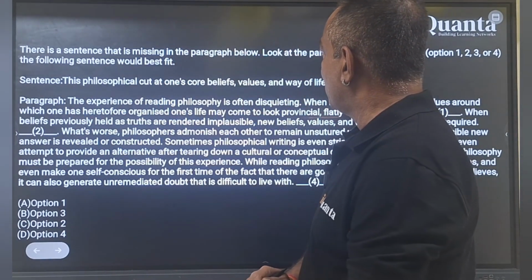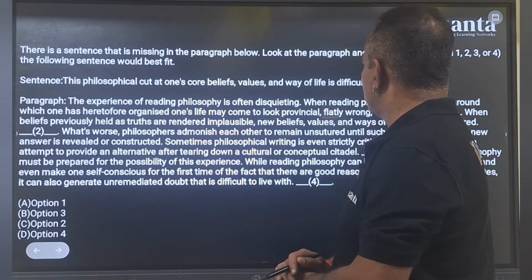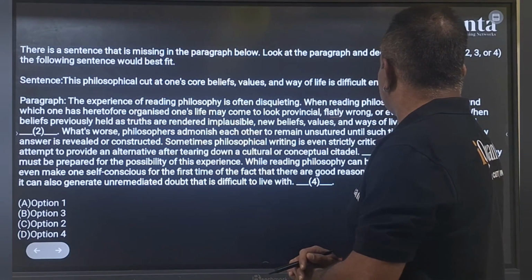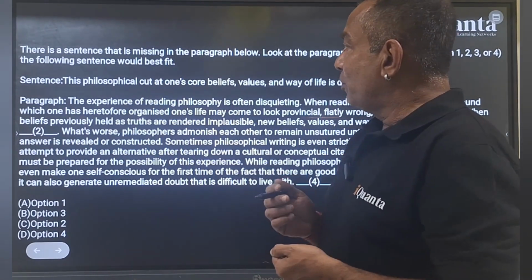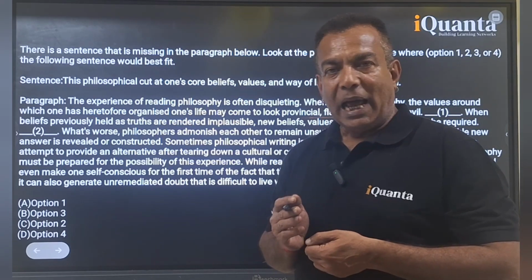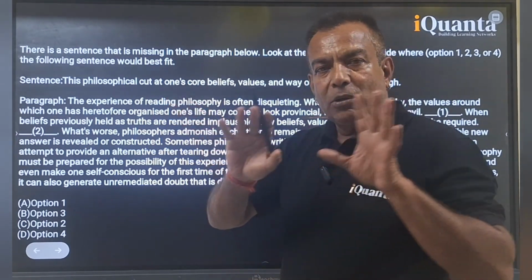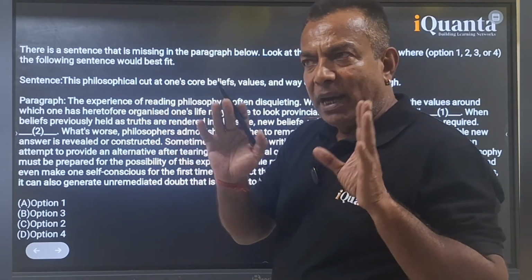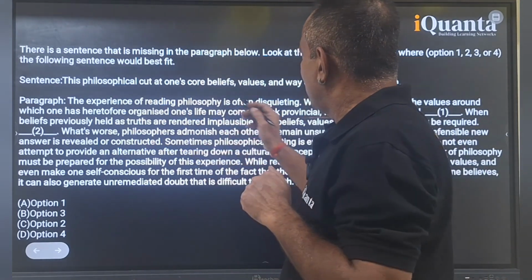This philosophical cut at one's core beliefs, values, and the way of life is difficult enough. So they are talking about philosophical cut. I'll explain it later on once we read the paragraph. It's talking about some philosophy, some idea, some thinking, some bent of mind.